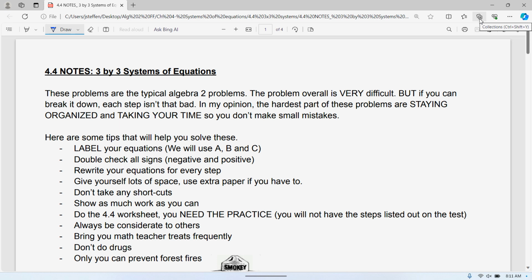Sometimes students get tired of it or they start going quickly, skipping steps or taking shortcuts. These are the type of problems where if you miss one negative somewhere, it throws off the whole problem and makes it a huge thing. So take your time.